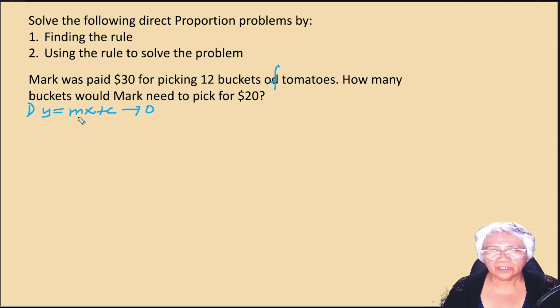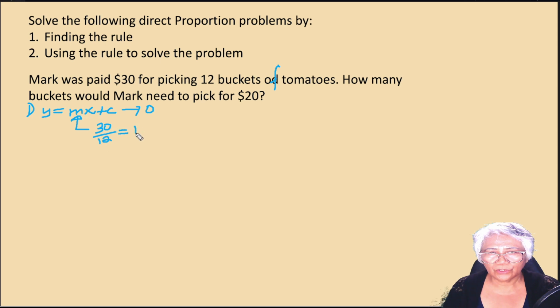Okay, and the m here would be, if there is an increase in 30, then there would be also the same increase in the buckets of tomatoes. So for the m, it's going to be 30, which is the rise, divided by 12.